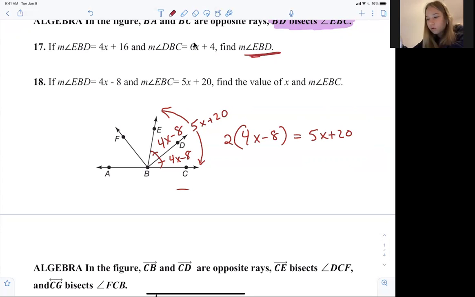Everybody good? No problems? All right, so go ahead. Just tell me what x equals. I got 12, right? Is it 12?